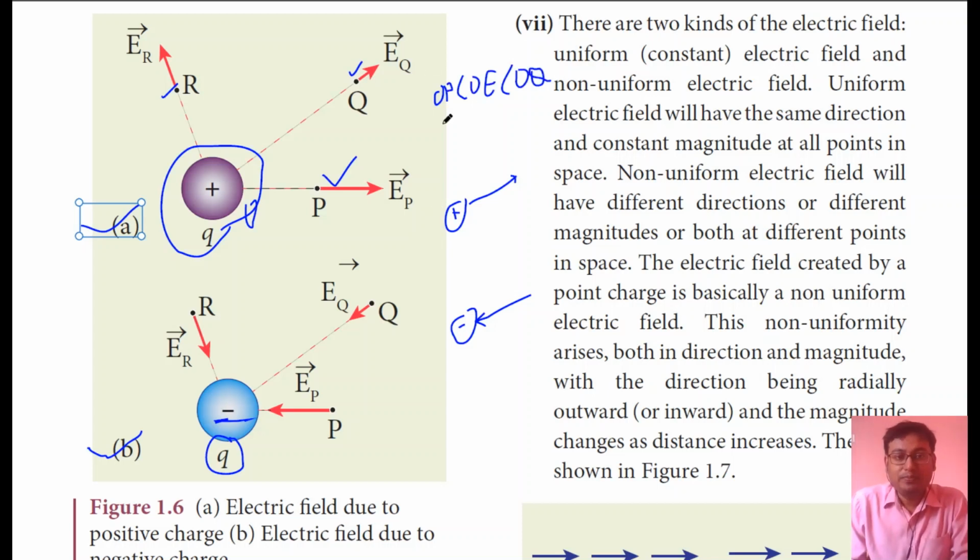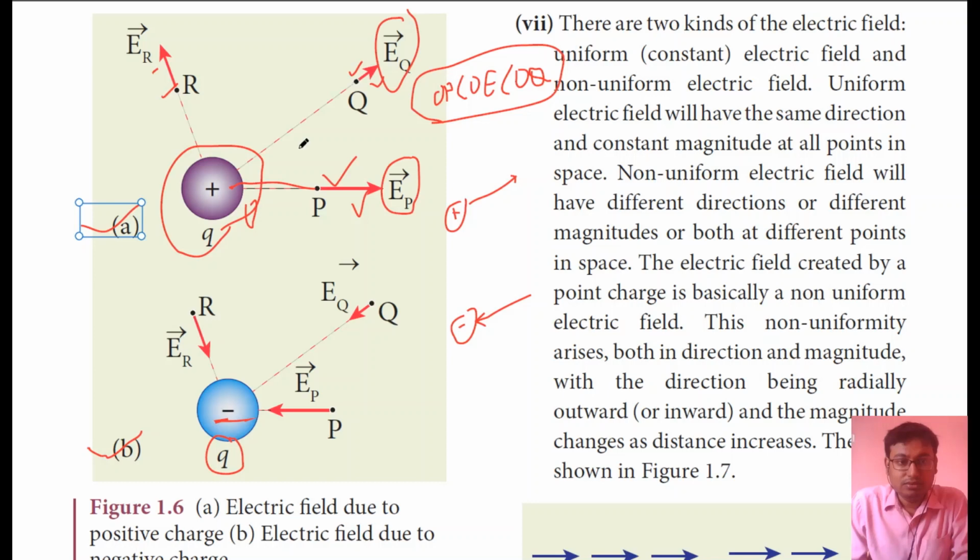In your class 11th, you studied that the magnitude of the vector is directly proportional to the length. You can see here the length of vector EP is highest compared to vector ER, and EQ is the least. That means the strength of EP is highest and the strength of EQ is least. Why? Because the distance from the center of this charge to point P is least, and the distance from the center of the charge to point Q is highest. So this is given here.